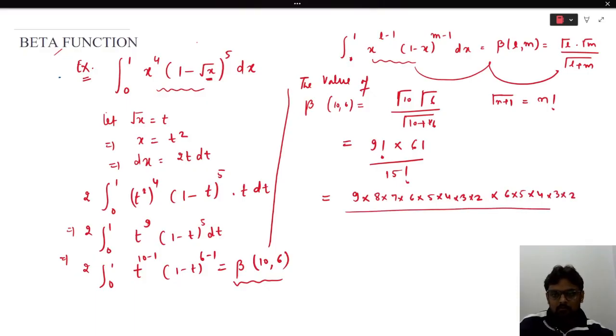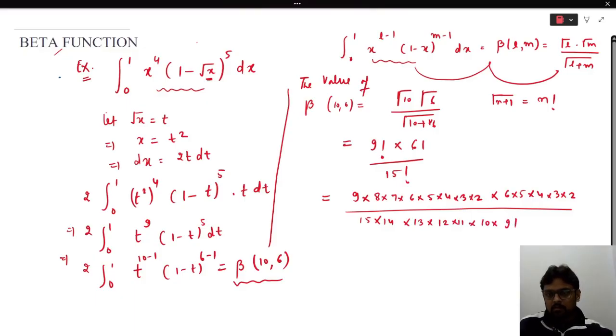Okay, and 15 factorial is 15, 14, 13, 12, 11, 10, and this will become 9 factorial. So we can cancel out this 9 factorial.